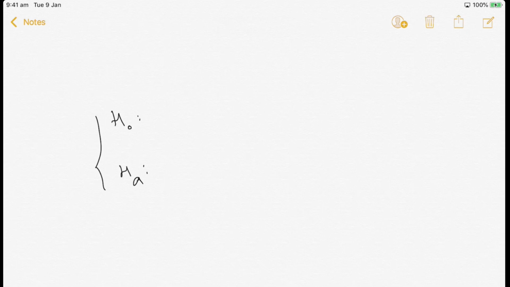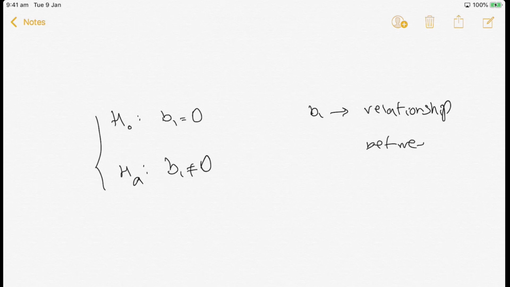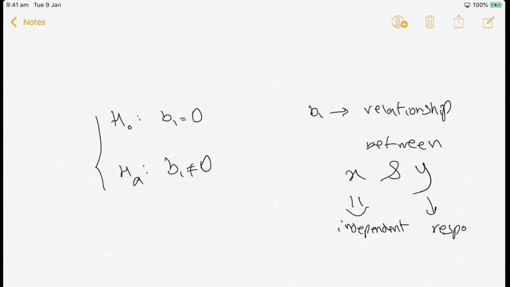We want to see if B1 is equal to 0 or not equal to 0. Why B1? Because B1 is showing us the relationship between X and Y, between independent and response variables. That's what we are looking for. That would be the alternative and null hypothesis.